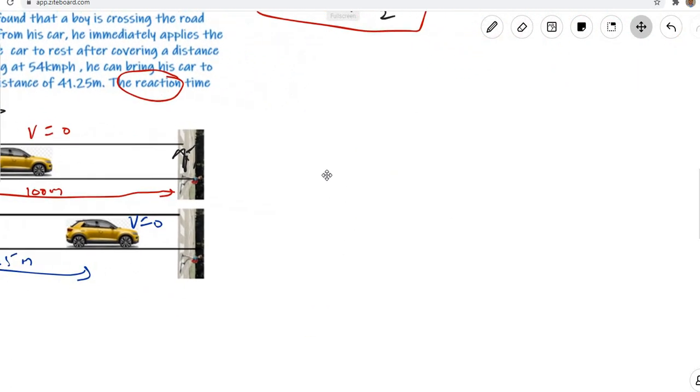So what you need to understand is, first here let us draw one more diagram. Initially imagine this is the car and it is moving with velocity u, and then he applied the brakes after covering certain distances.